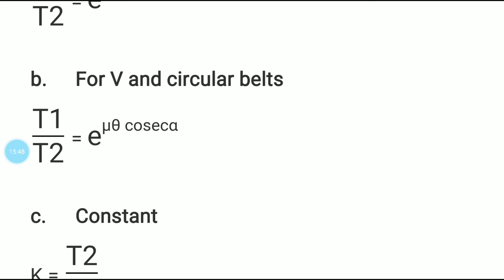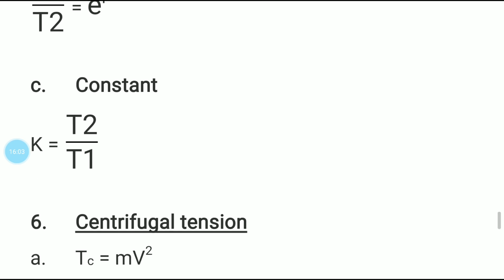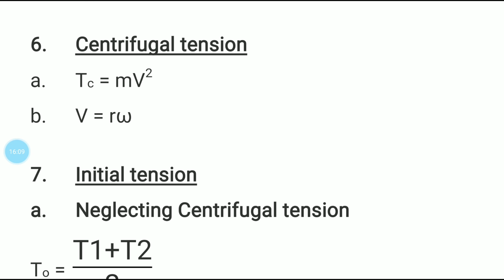For V belt and circular belt, if the word V belt or circular belt is coming, you have to use the formula T1 divided by T2 is equal to e power mu theta cosecant alpha. Sixth one, constant tension, called K is equal to T2 by T1.